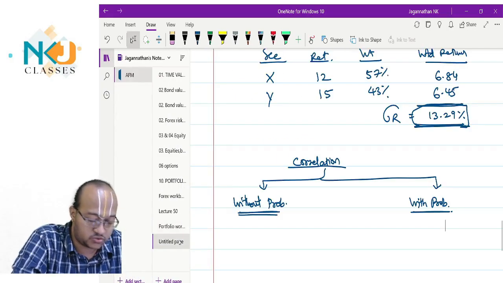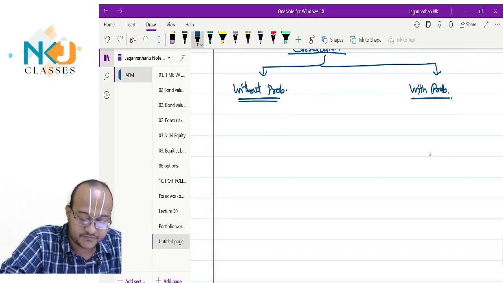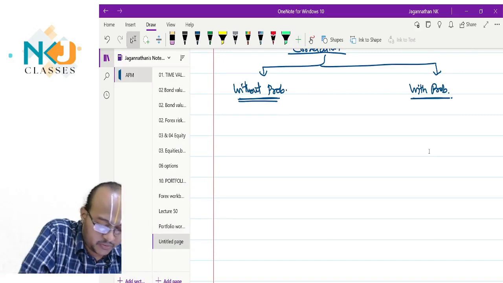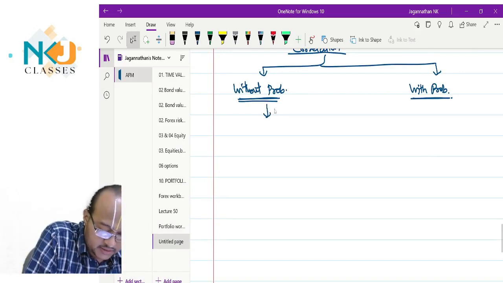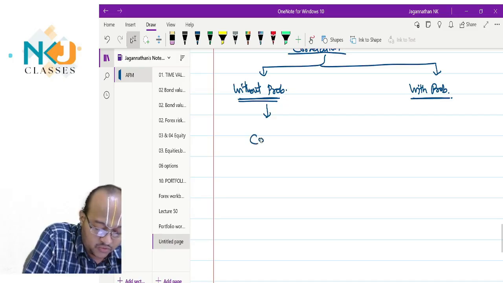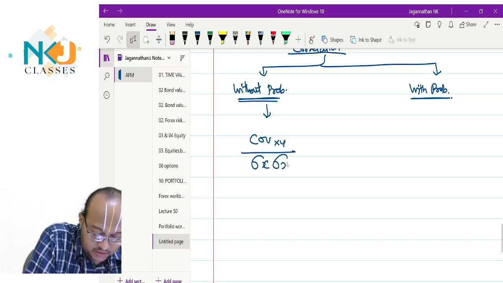Next, the correlation level. So what we understood, see here, correlation without probability. Covariance is needed. What should you do? The covariance formula will differ. What is the covariance formula? See here, correlation is covariance of X and Y divided by sigma X into sigma Y, correct?